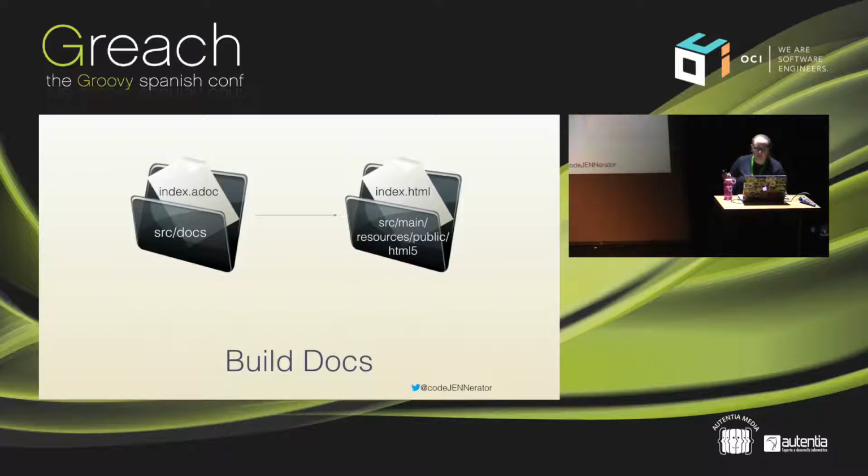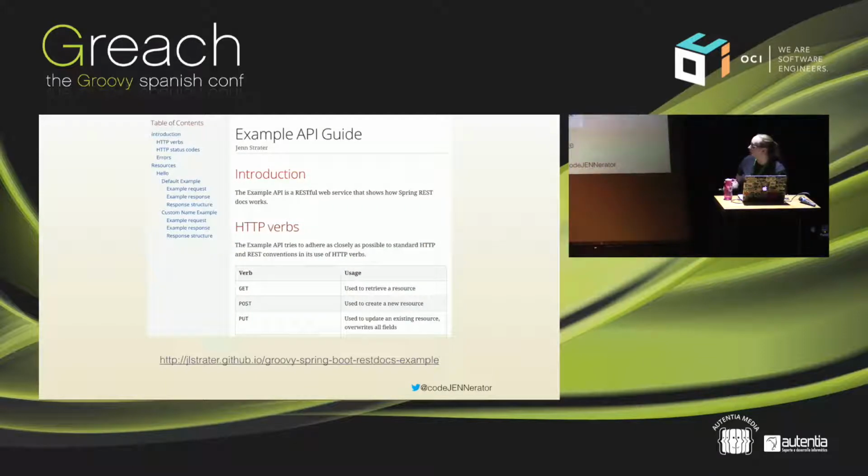And so what we get as a final product is a very nice document that you can see on GitHub Pages for this example. Okay, so that is the first one.